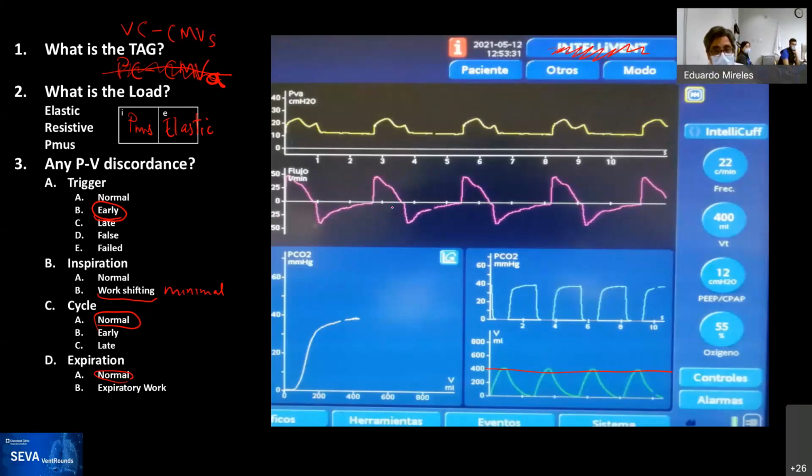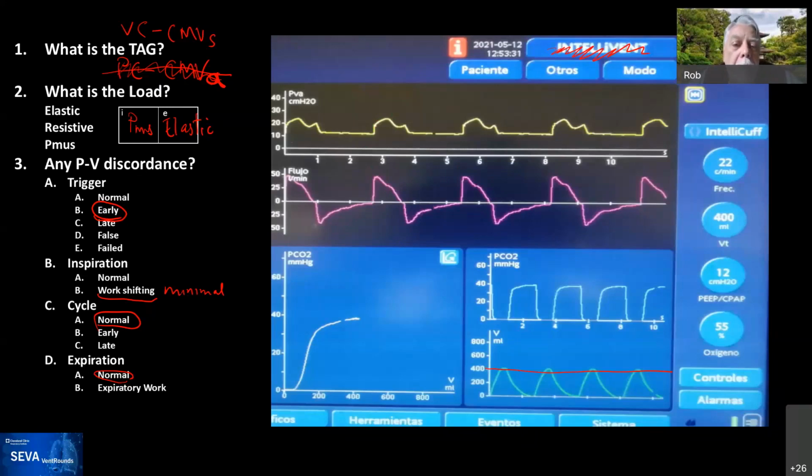Well, you have to make a distinction also. First of all, I agree, yes. They control flow very well. They do control pressure less well. And you want to make a distinction between the flow that's being controlled by the ventilator and the flow that's being displayed as measured.